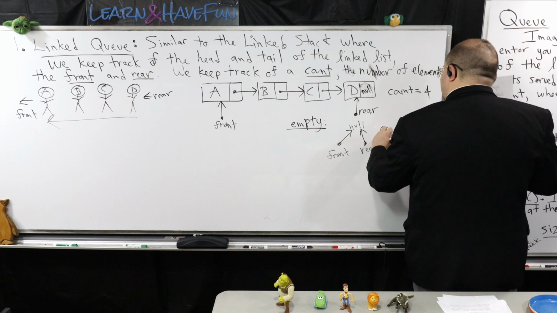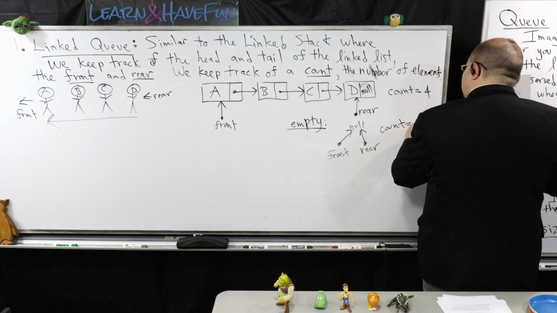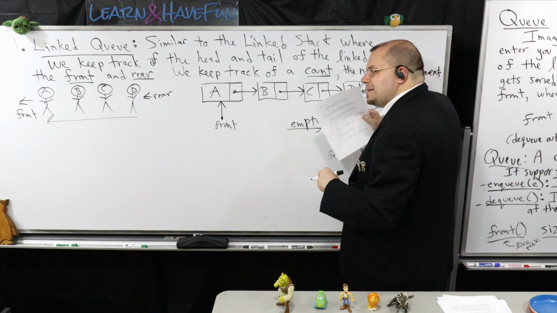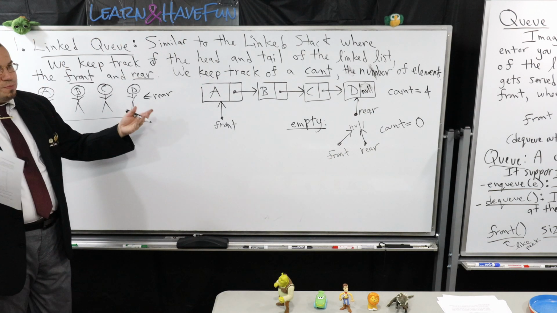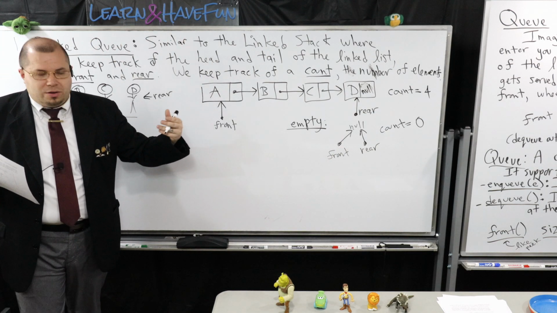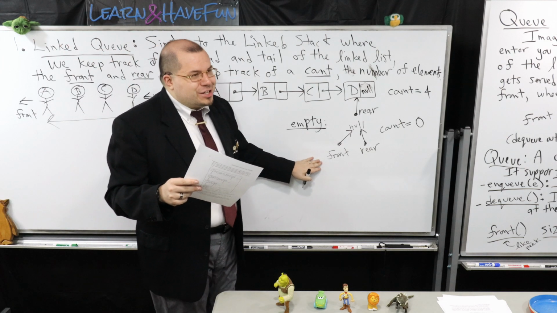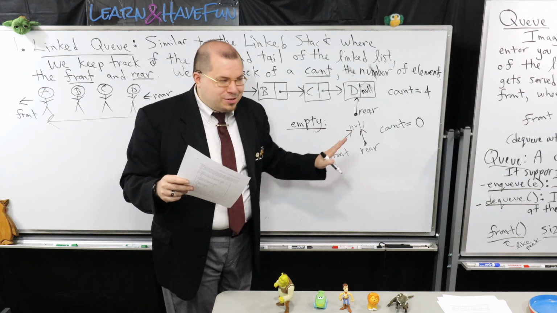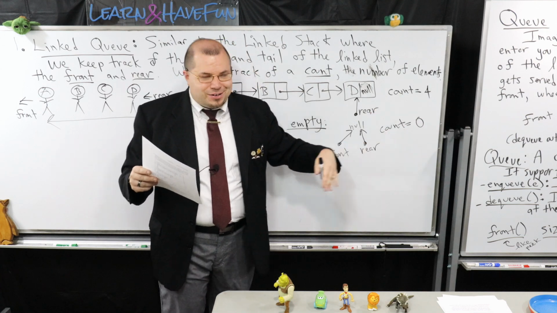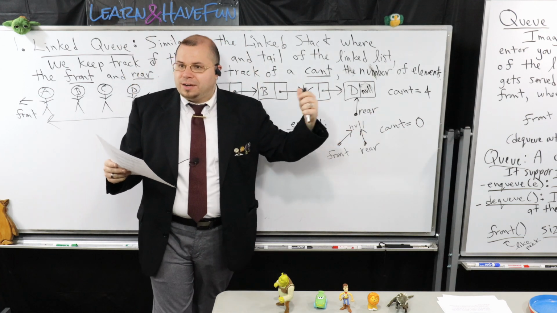The count will be equal to 0. So you won't have any nodes yet. These two pointers are just going to be equal to null. So in my constructor, I would have front assigned null pointer, rear assigned null pointer, and count is 0.